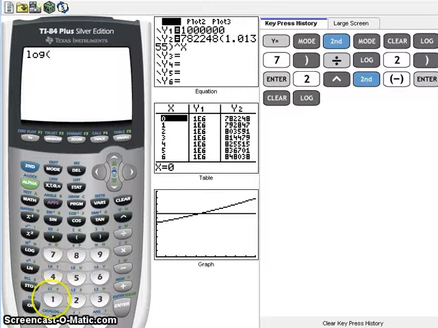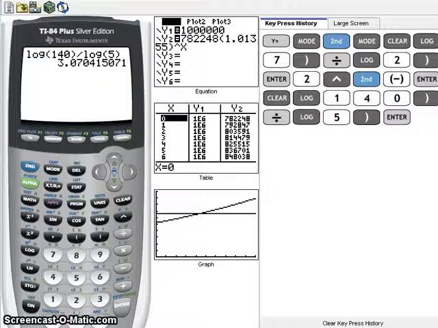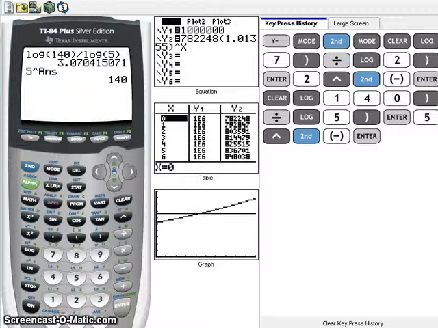So we have log base 10 of 140, is that right? And then divided by log base 10 of, what was that again, 5? Okay, thank you. And so we have 3.07, all right? Okay, so that tells us that 5 to the 3.07 power is equal to 140. Okay? Are we good there?